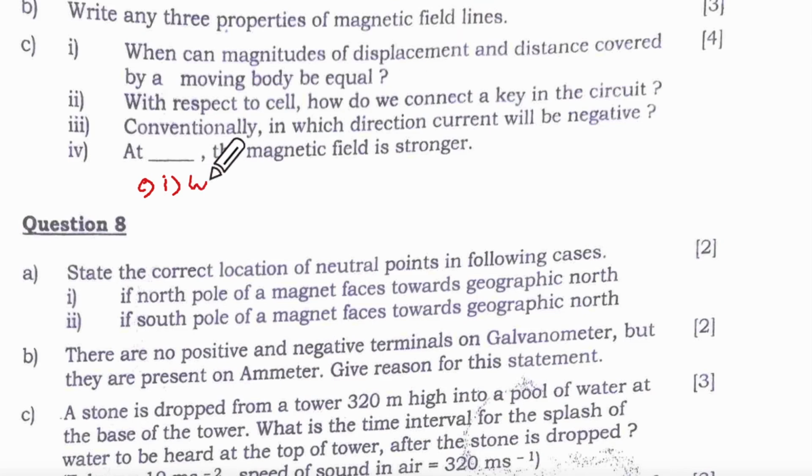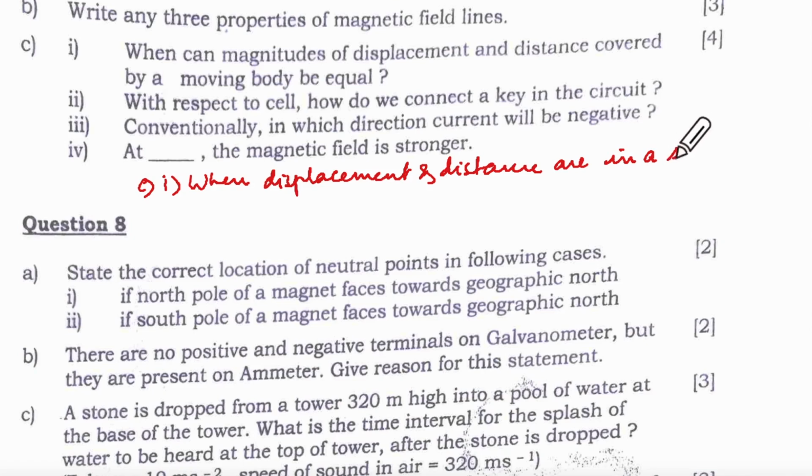So when displacement and distance are in a straight line, then they are equal.